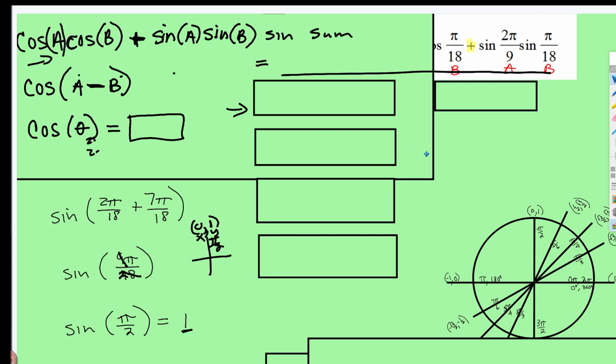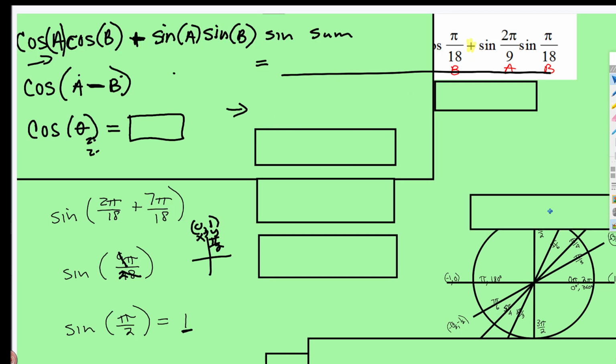So cosine of A, 2 pi ninths, subtract, remember, use the opposite sign, subtract pi 18ths, and we remember we use the opposite sign because that's what the identity says.